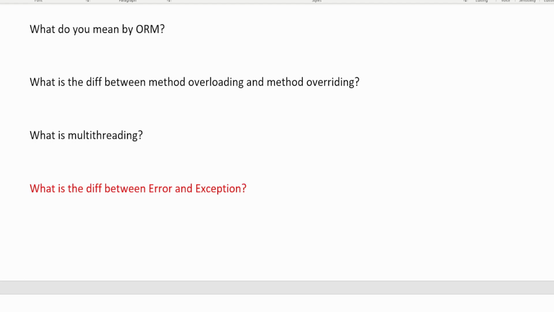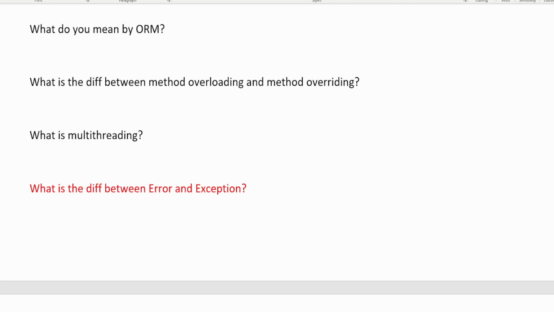In the case of error, it happens when you can't recover from it. If an error happens, you can't recover it. But in the case of exception, you can catch the exception and recover from it. So this is the main difference between error and exception in Java.